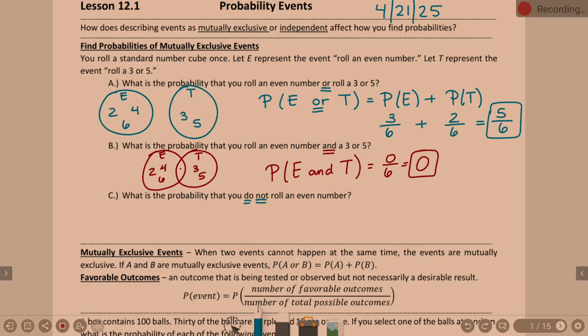Okay. 3 out of 6, 50%, because 1, 3, 5 are odd numbers and 2, 4, and 6 are even. So if you roll it, you get a 50-50 chance. You can also look at it as if there's a 3/6 chance of even, then the other 3/6 are not even.